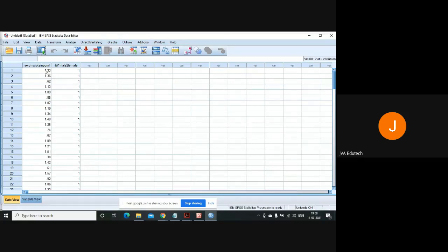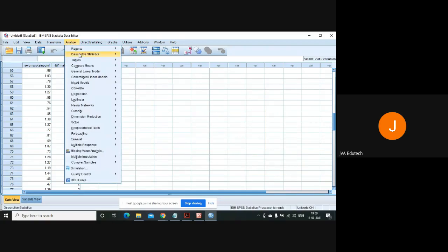Now you can see this serum protein is there, but now another variable is created, male and female. Previously we tested the serum protein, we collected the data, but we have not segregated data on the basis of gender or into two independent groups. Now we have two independent groups. Here also we have to check the normality. So what to do if such is the case?